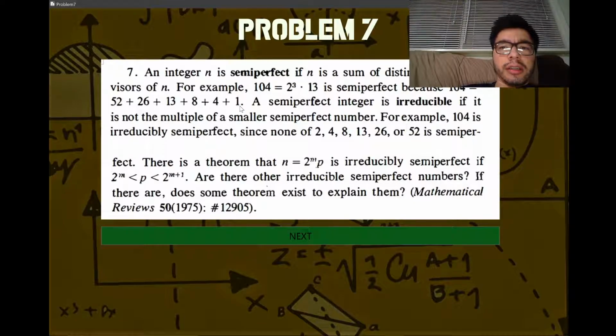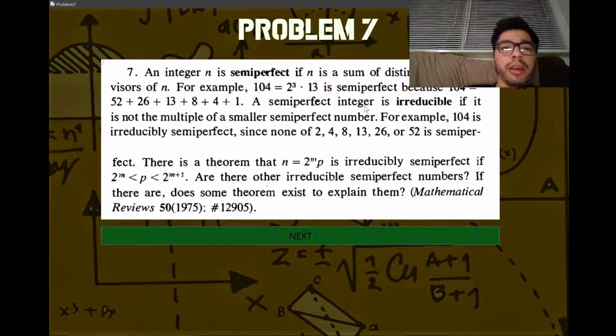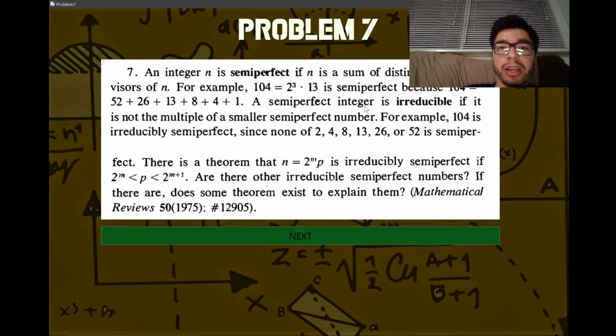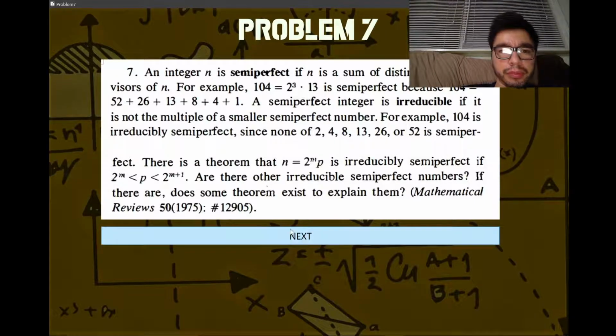And then it's saying a semi-perfect integer is irreducible if it is not the multiple of a smaller semi-perfect number. For the first part, I could write a program for that, but for the second part, I couldn't do that. It was a bit hard, so I'm just going to show the part where it talks about semi-perfect numbers.